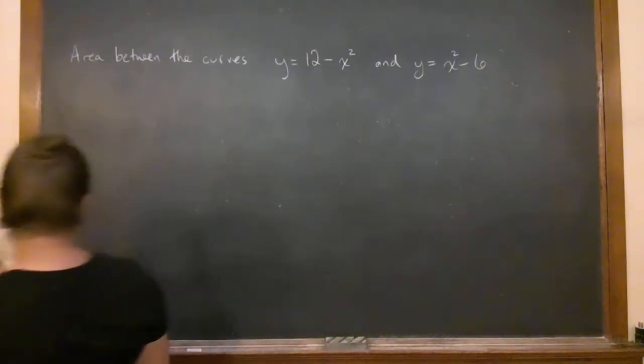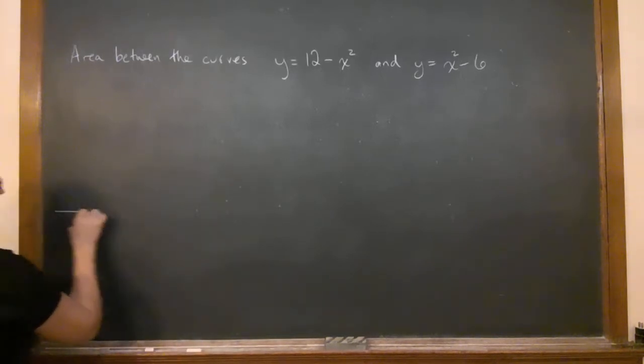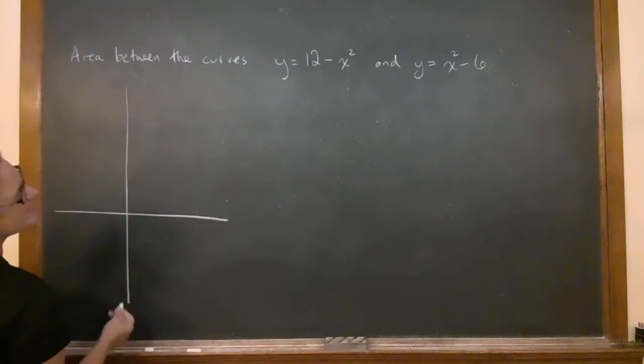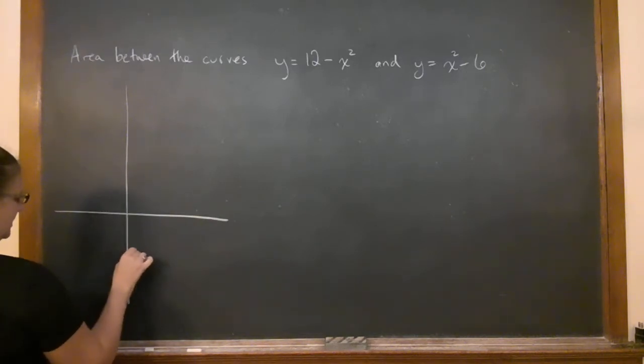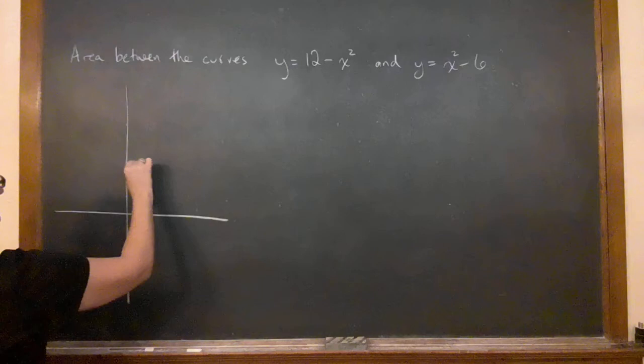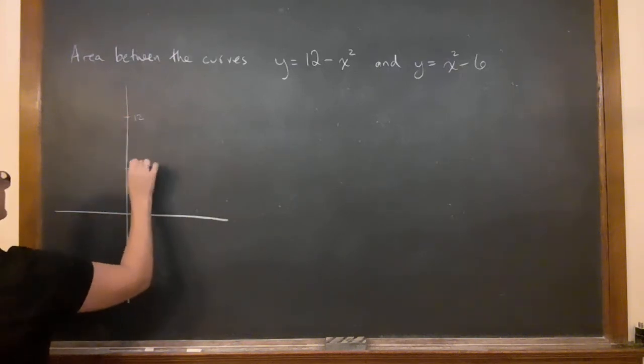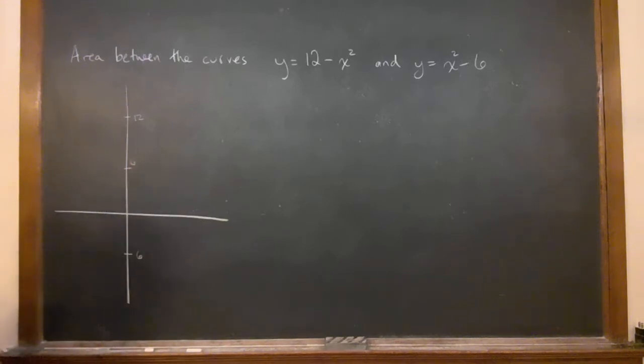Okay, so I'm just going to draw this. You can see these are going to be two parabolas, right? And because it's 12 and 6, I'm just going to do, this is 6, this is 6, this is 12, so that's my scale, more or less.